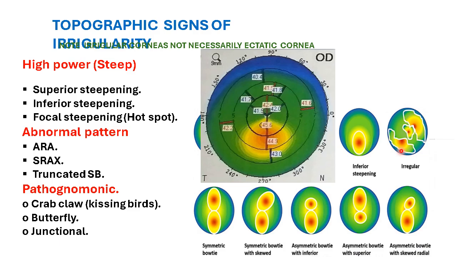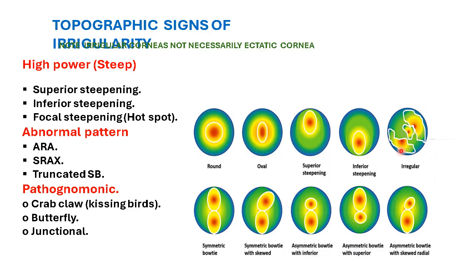Now, for abnormalities or changes in the pattern of the cornea, as we said, the cornea can be oval or round, and there are different patterns of astigmatism that can be seen in the form of symmetric bowtie, asymmetric bowtie, or symmetric bowtie with a skewed deviation, unlike this. The importance for us is, for example, one of them, the against-the-rule astigmatism.